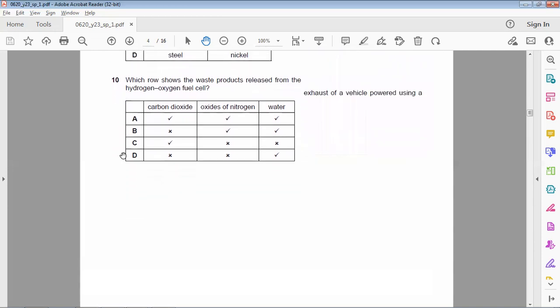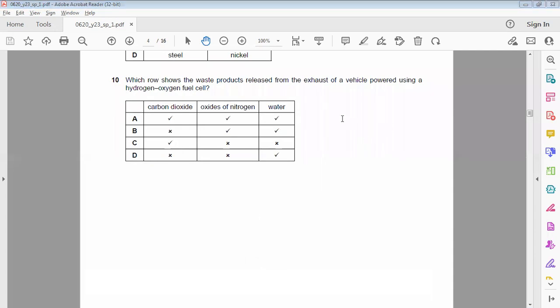Okay, question 10. Which row shows the waste product released from the exhaust of a vehicle powered using a hydrogen oxygen fuel cell? All right. A hydrogen oxygen fuel cell is a clean energy source. It does not produce any pollution.